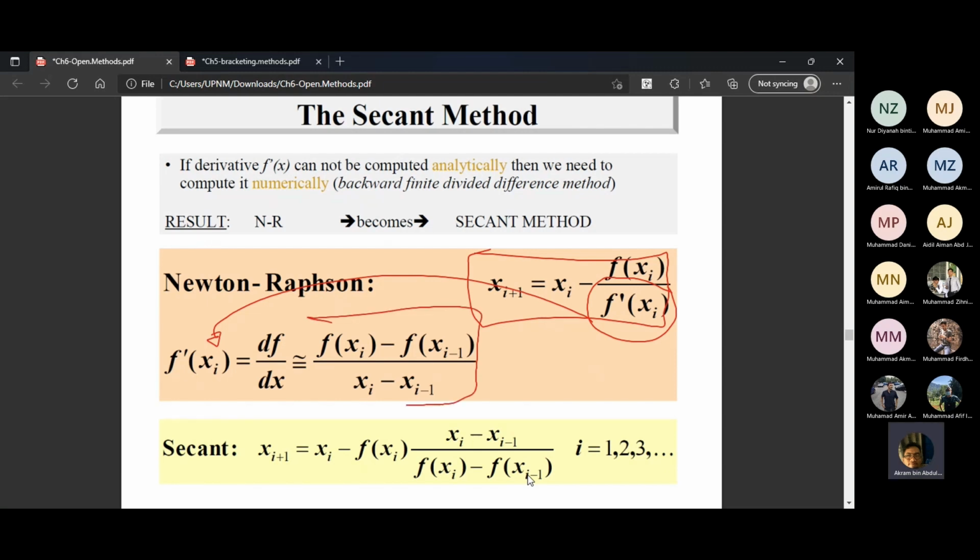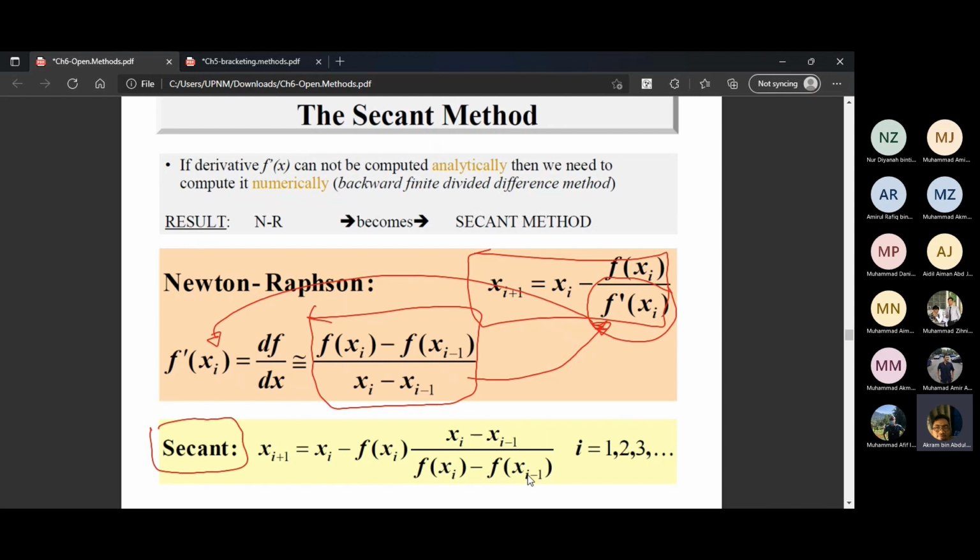Next we take this term and substitute it into this equation. If we substitute this into this, then we will have what we call the secant method, where x sub i plus 1 is equal to xi minus f of xi times, and here you replace this one, so we get xi minus x sub i minus 1 divided by f of xi minus f of x sub i minus 1, where i is equal to 1, 2, 3, and so on.